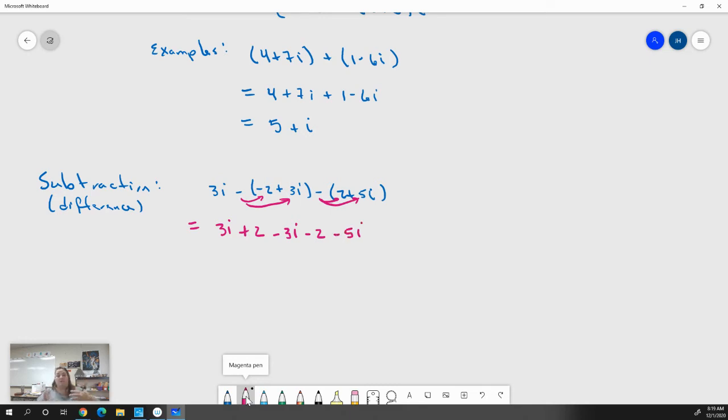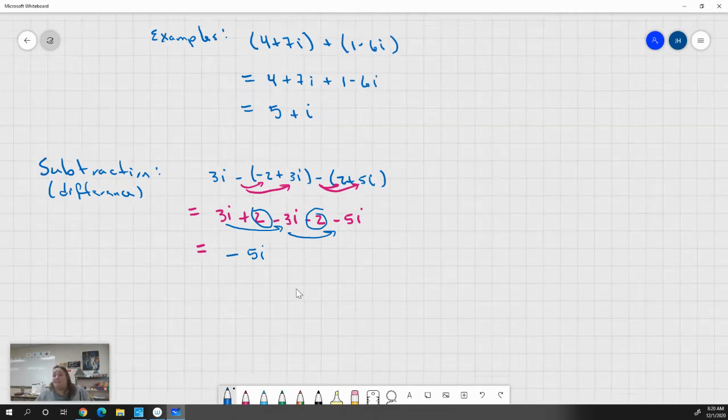And now we are able to pull it all out of the parentheses, and we can combine our like terms. Remember, we want real numbers first, so we want to deal with our non-i values first. So what do I have in non-i values? I have 2 and negative 2. So 2 minus 2 is just 0. So now I have 3i minus 3i. Well, that's 0. Minus 5i gives me negative 5i is what that whole piece comes to.